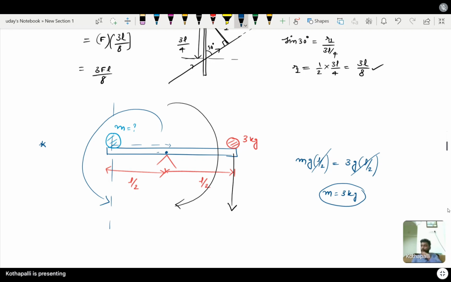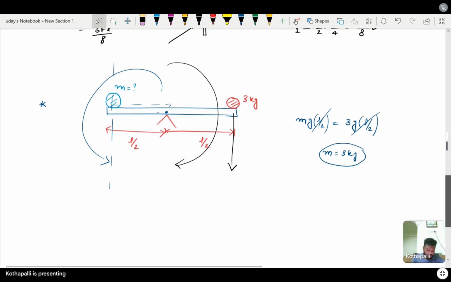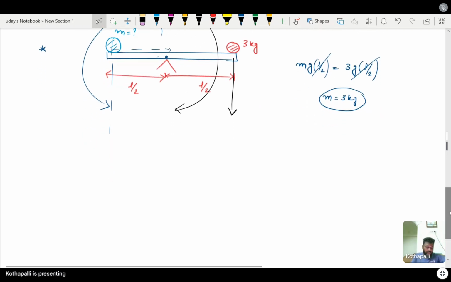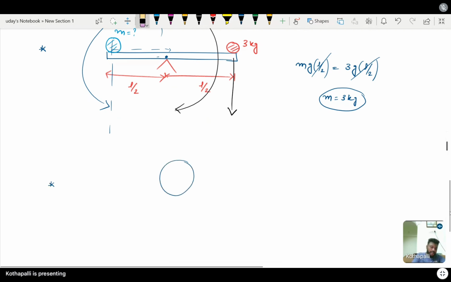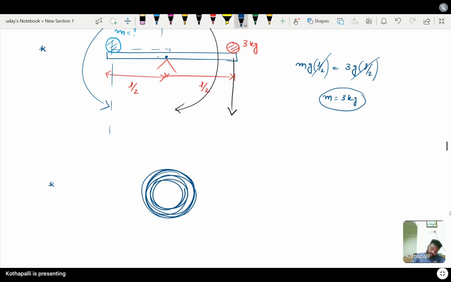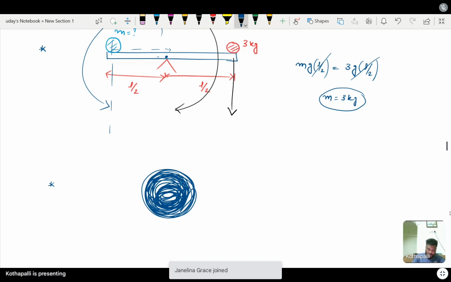Now see, one more example, an important case. There is a circular disc of radius r, fixed at its center in a horizontal plane, like this.